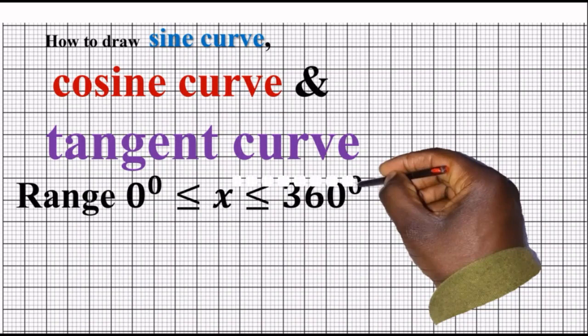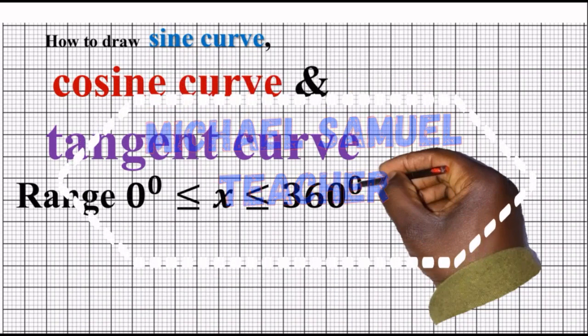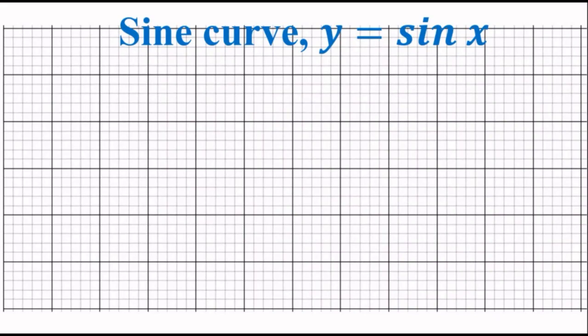I'm Mr. Michael Samuel, and today I want to show you how to draw trigonometric curves, that is the sine curve, cosine curve, and tangent curve, ranging from 0 degrees all the way to 360 degrees. So this is a sine curve.